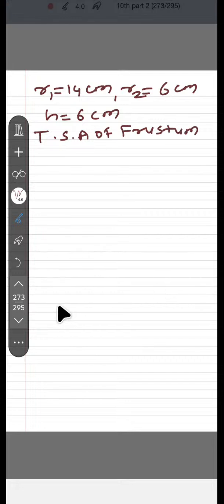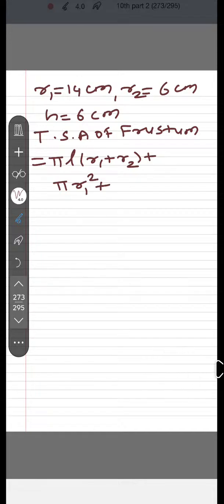Correct, so we know the formula: pi l in a bracket r1 plus r2, plus pi r1 square plus pi r2 square.